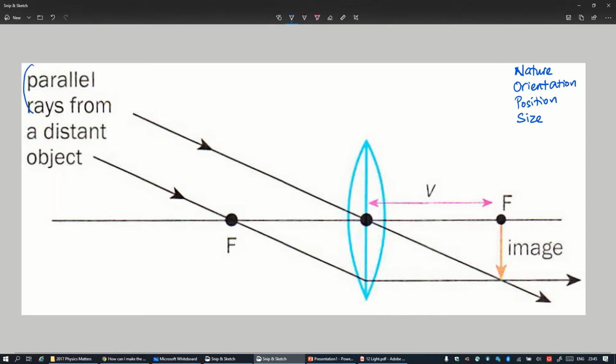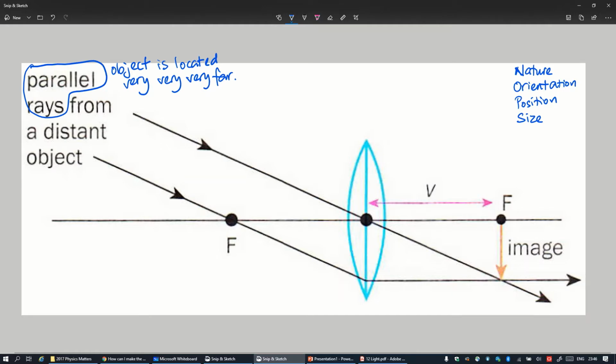So whenever you see parallel rays flowing from very far away to the lens, you can take it as the object is located very, very, very far from the lens. Okay, very, very far away.